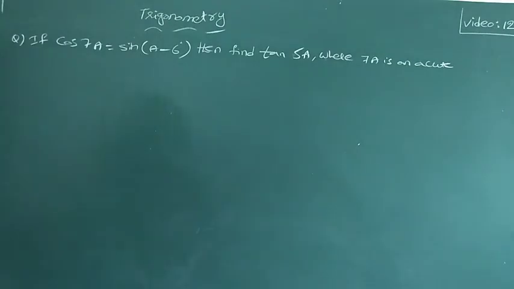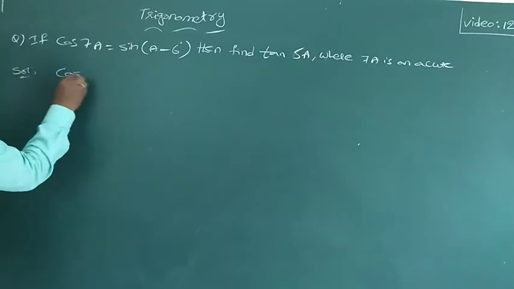Once again, see that cos 7A is equal to sin of (A minus 6 degrees), then find tan 5A, where 7A is an acute angle.